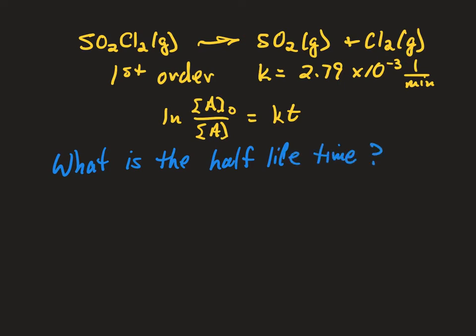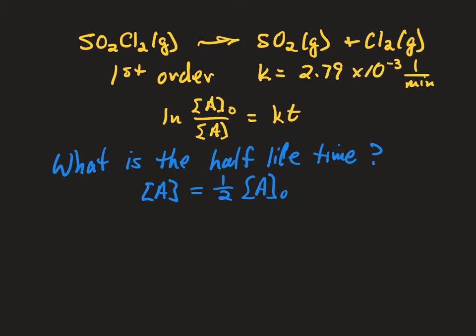Okay, for this first order integrated rate equation. Since we're dividing concentrations here, the units don't make a difference, but remember that at the half-life time, the concentration of our reactant final is going to be equal to 1/2 the concentration of our reactant initially.